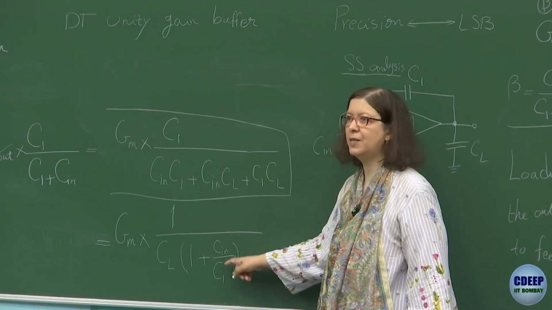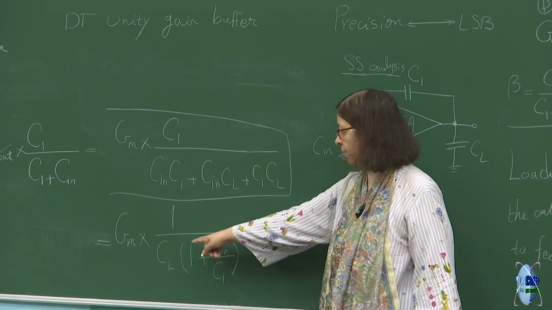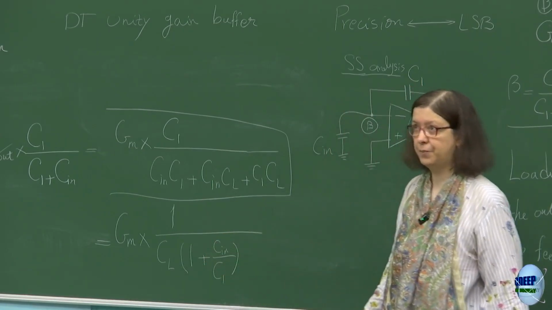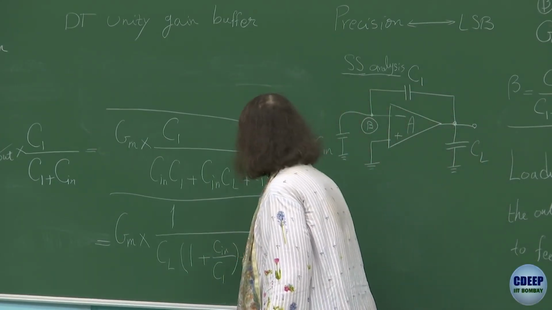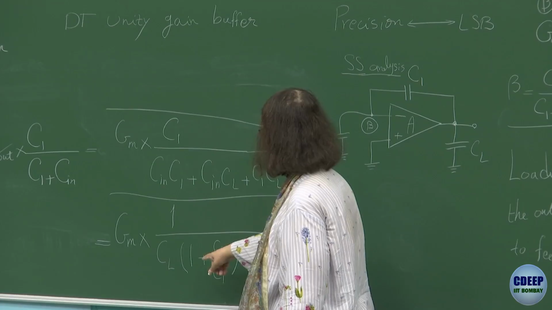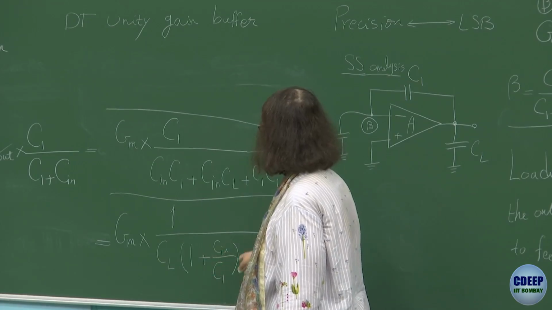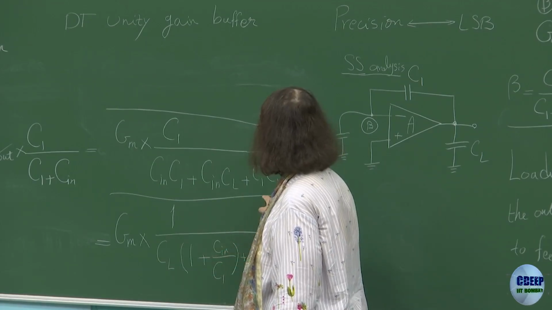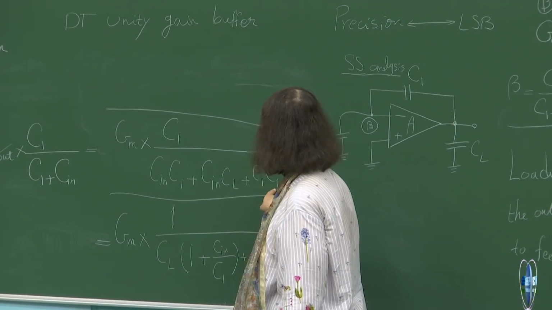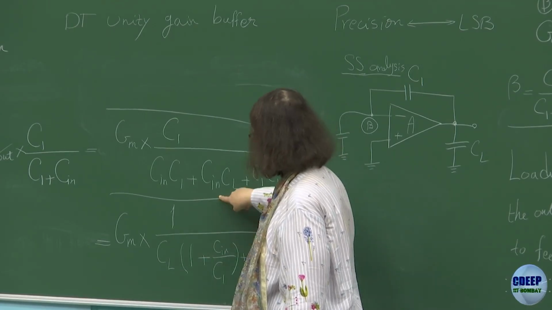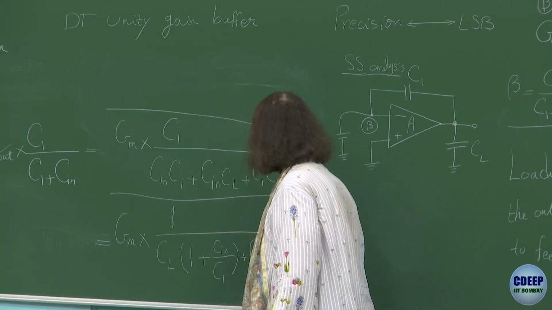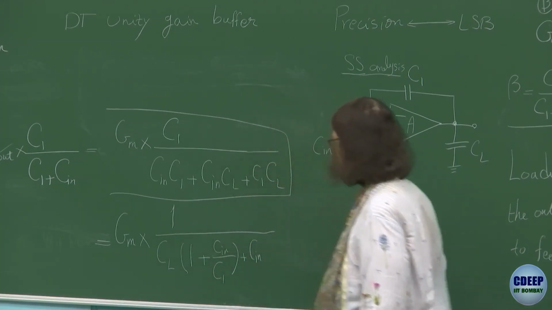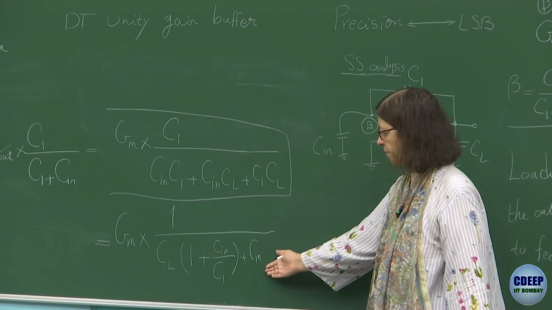When you design, you want this effect to be low if you cannot reduce Cl below some value. And the other term would be, so we are including Cl, C1, and so this part is Cl, this part is Cin upon C1, and then Cin itself appears here.